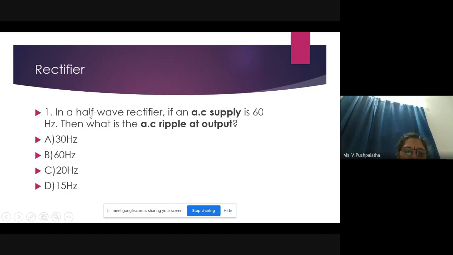So the options given are 30 Hertz, 60 Hertz, 20 Hertz, 15 Hertz, right? Now any one of you, can you guess the answer and post it in the chat box?